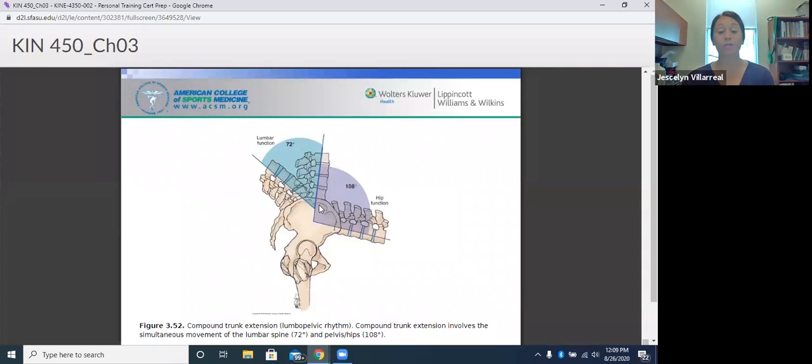Here is compound trunk extension, which basically means the trunk motion in the sagittal plane during normal activities, such as lifting and bending, require this compound movement of the lumbar spine, pelvis, and hip joints. And that action of movement is called compound trunk extension.